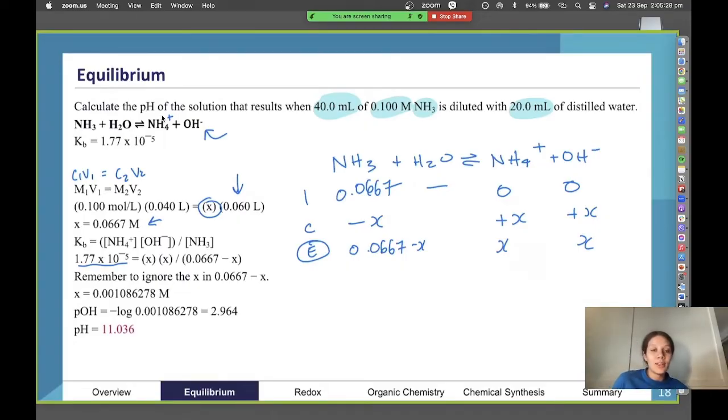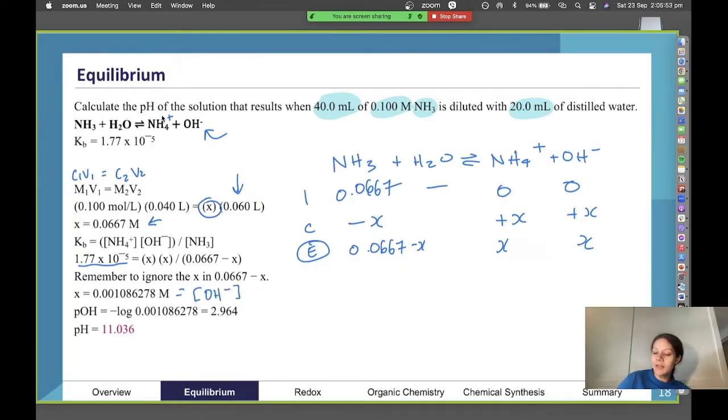Now we can ignore the x in 0.0667 because ammonia is a very weak base, so the change is so small that we don't really need to factor it in. But if you left it in, I don't think it would affect the answer too much. Then we get our x value, and that's equal to our OH minus.